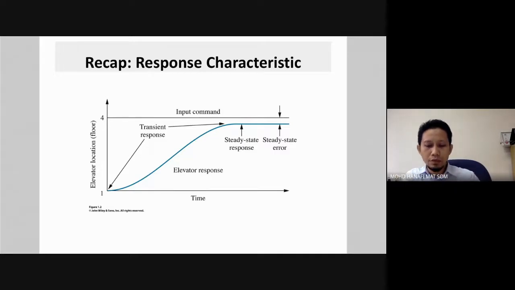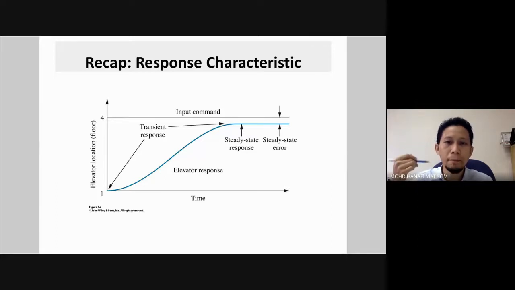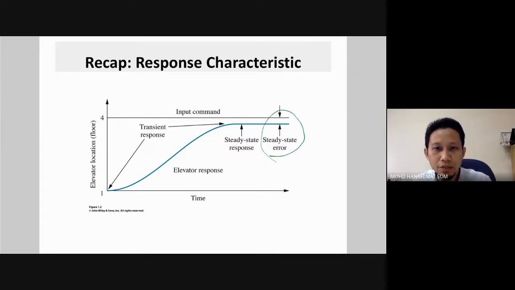So you can see here the response characteristic that I explained in the previous chapter, in the introduction chapter. This is the elevator response. We have the transient response and the steady state response. As time approaches infinity, you can calculate the steady state error. What does steady state error mean?